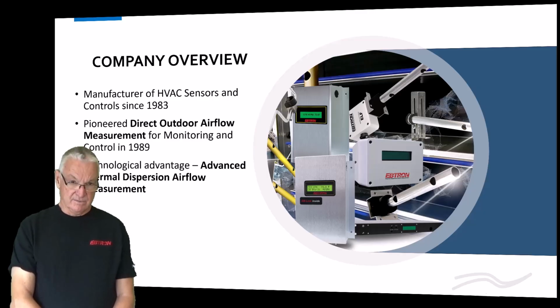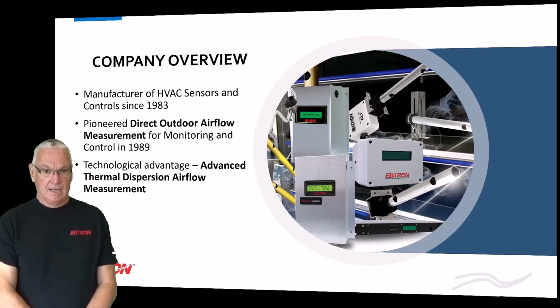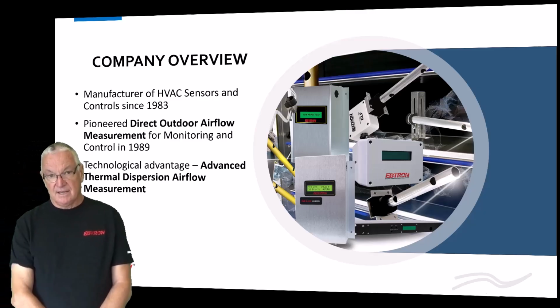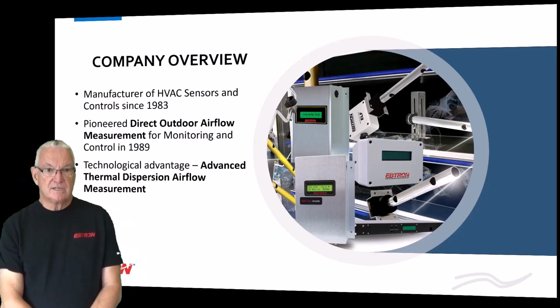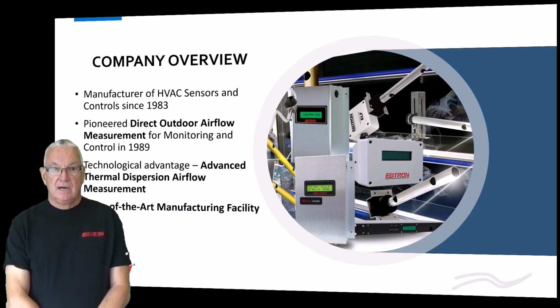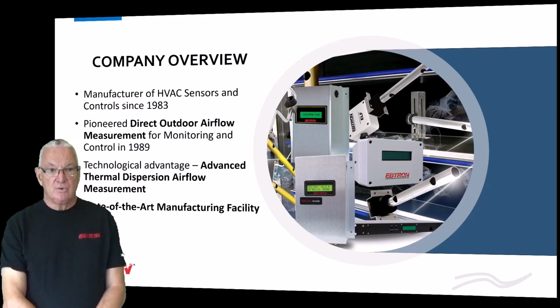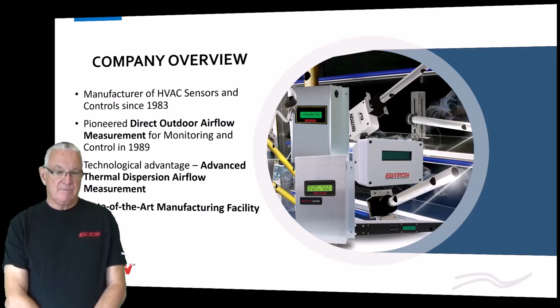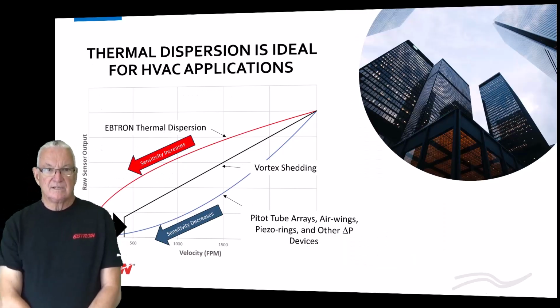We've been using this thermal dispersion technology that I'm going to talk to you about since 1983. We put a lot of effort into our manufacturing facility and we build all our own test equipment and calibration equipment, and we're just different than everybody else.